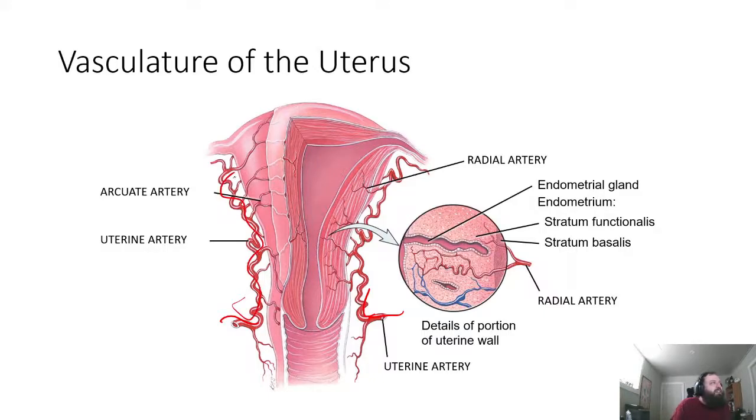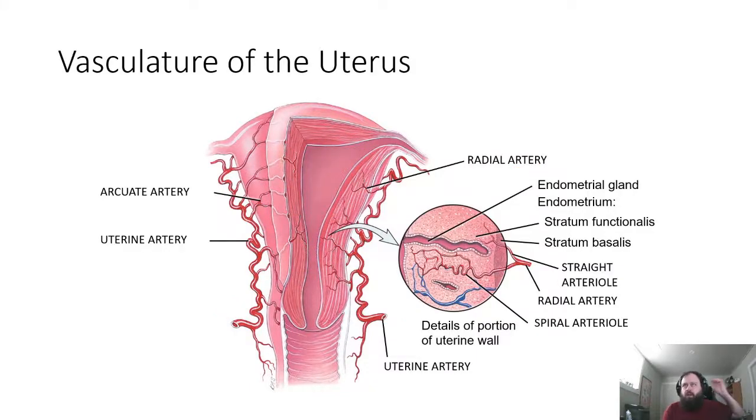So here's your uterine arteries, and then you get arcuate arteries. And these are arranged in a circular fashion around the myometrium. So you would actually kind of imagine them looking like this if you could see through this. And these arteries then branch off further into what we call radial arteries that penetrate very deeply into the myometrium.